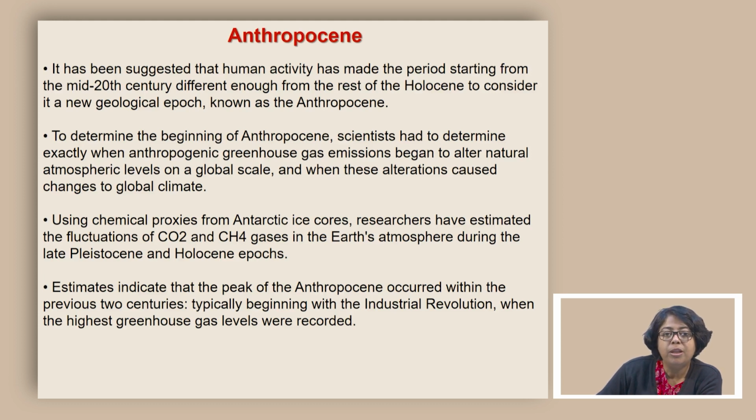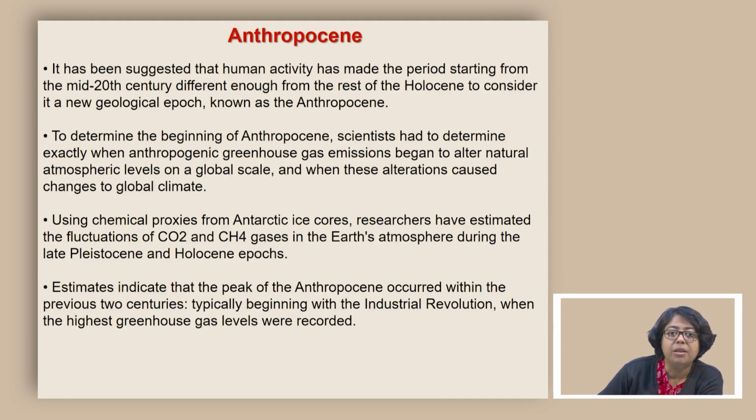But the instrumental record only goes back a few hundred years, but we needed a continuous record which is detailed enough and correct enough to be compared before the Industrial Revolution and after it. And therefore, scientists started to think about the chemical proxies from Antarctic ice cores.